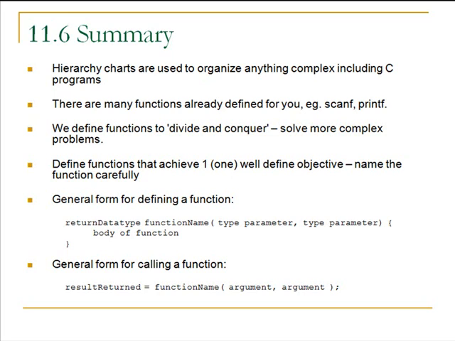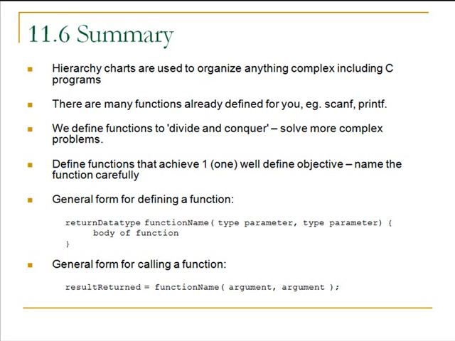The general rule for calling or invoking a function, you mention the function's name and you pass in arguments. So the number and type of arguments that you give to the function must match the number and type of parameters that the function is defined to have.